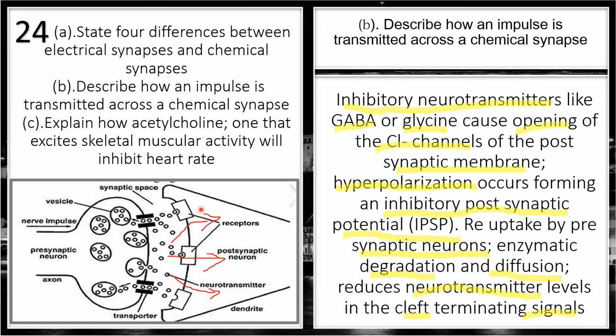And when hyperpolarization occurs, we form now what we call an inhibitory postsynaptic potential, meaning that it cannot allow any passage of the impulse across the postsynaptic neuron.